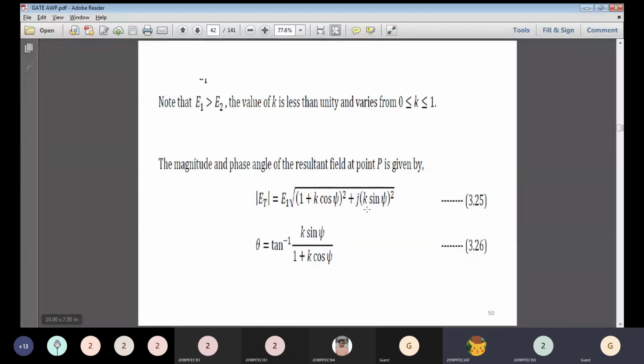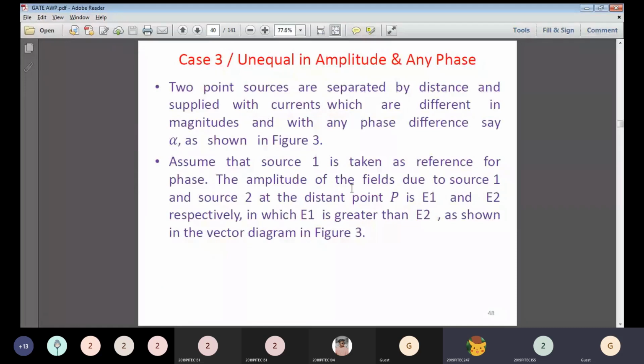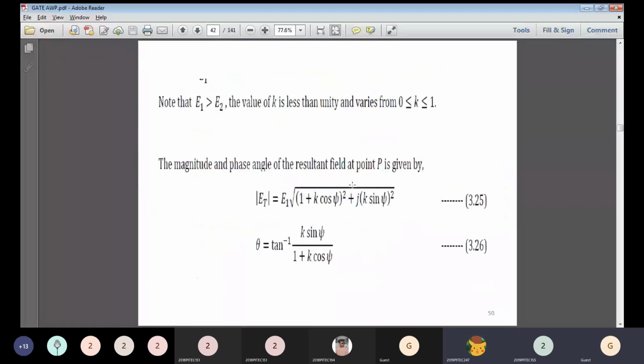What is the third case? I told you already: unequal amplitude and any phase. So all together, in equal amplitude and same phase, the pattern is going to be like our broadside array, figure of 8.